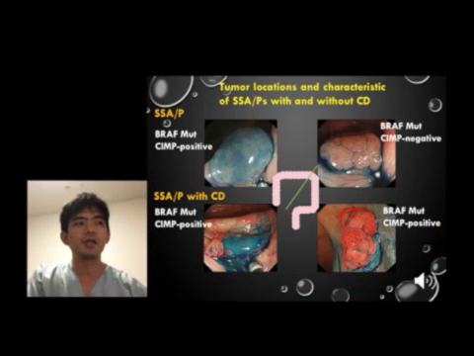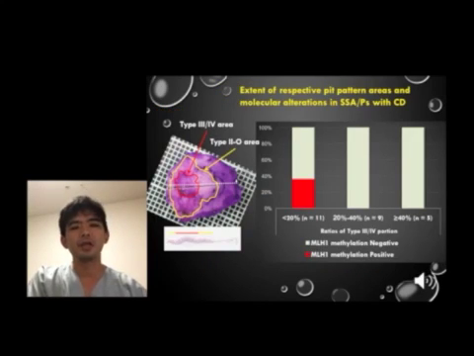We next tried to assess whether the extent of adenomatous pit pattern within the tumors is associated with clinical or molecular features. As shown in this slide, we calculated the respective pit pattern areas. We initially expected the extent of type 3-4 area may be associated with aggressiveness of the tumor.